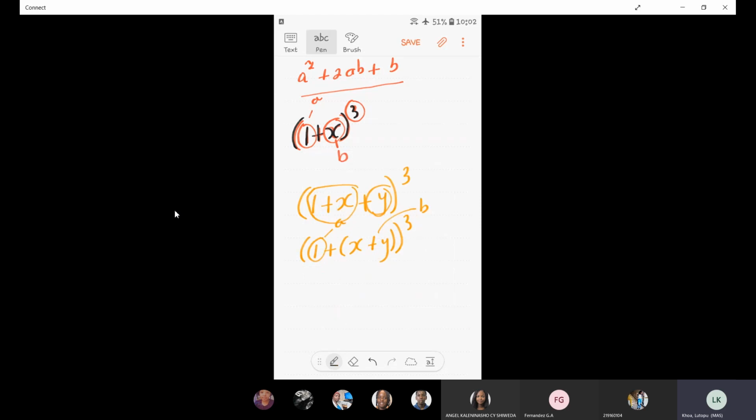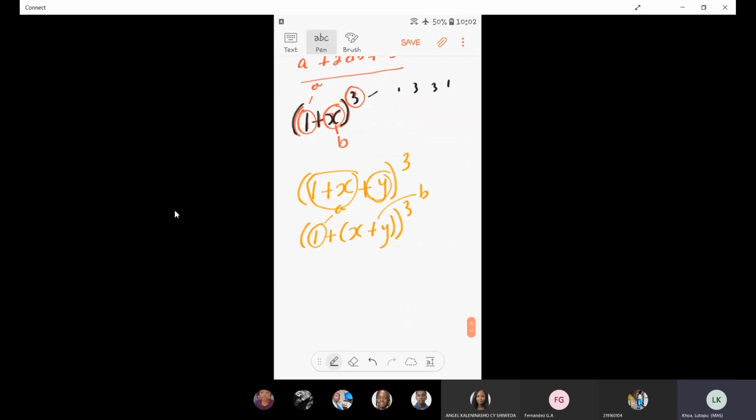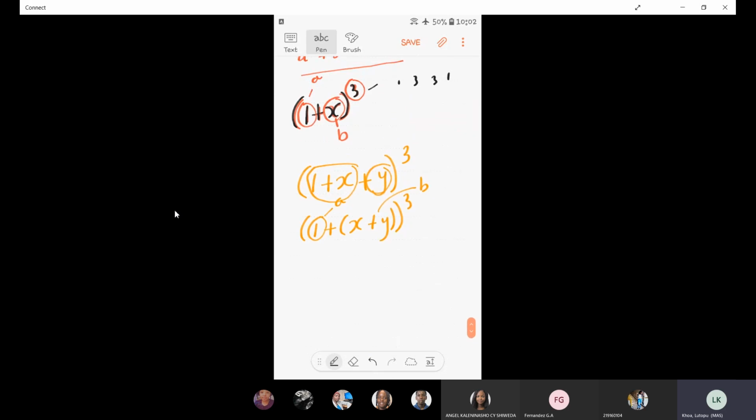Okay, so let's go back to this one. I have said this is on level 3, so my coefficients are 1, 3, 3, and 1. And I've identified my a and b: a is 1, b is x. Now I will just substitute them in. So I have 1 a to the power of 3, x to the power of 0.